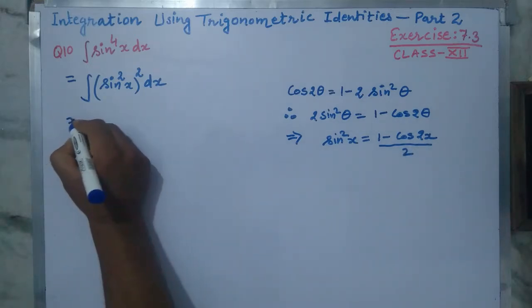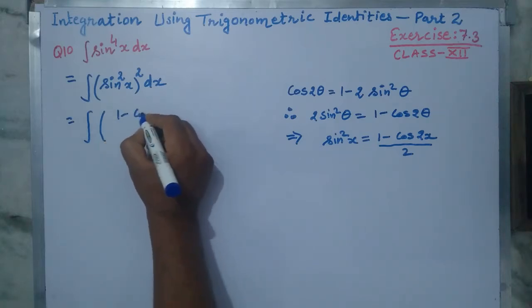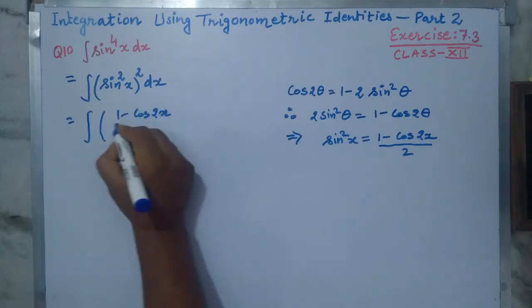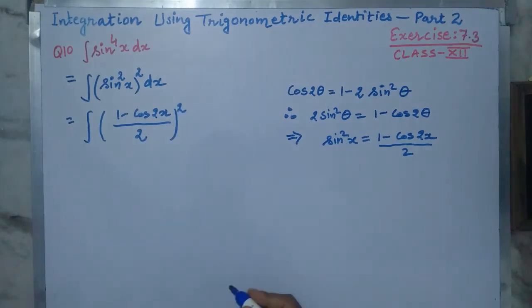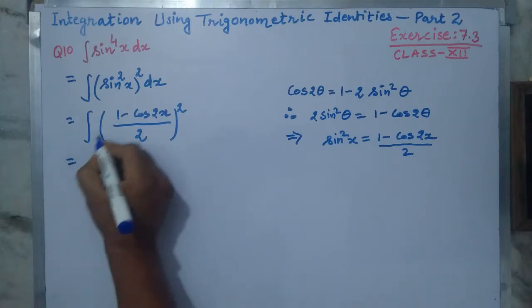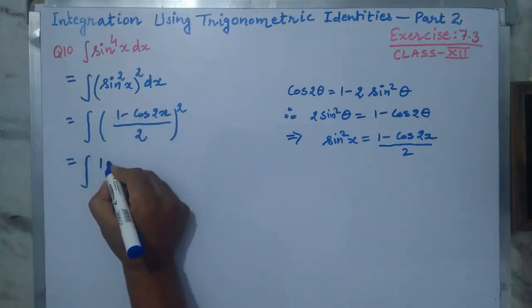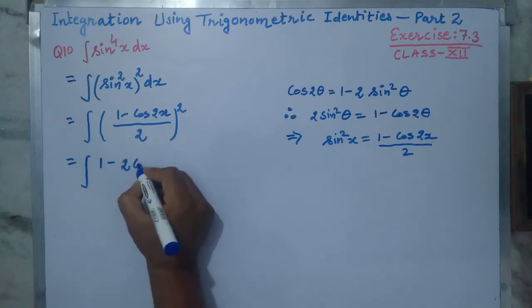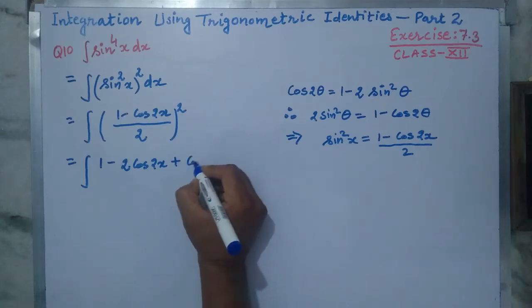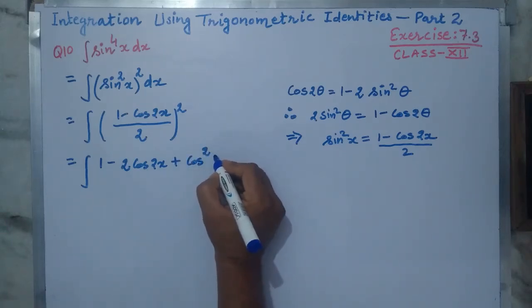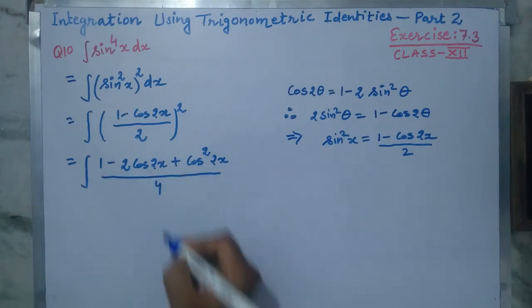So here we substitute that value: 1 minus cos 2x whole divided by 2, its whole square. Okay, now opening this square, we have 1 minus 2 cos 2x plus cos square of 2x, whole divided by 4.